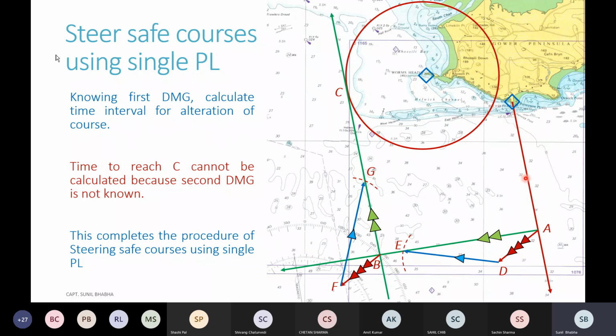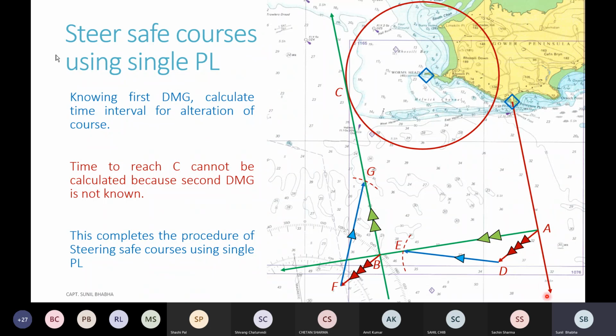Let us say if the ship is at this particular point here, and if you follow this course made good and the time to alteration, after this much of time, you are going to reach on this second green line, that is Bravo Charlie.